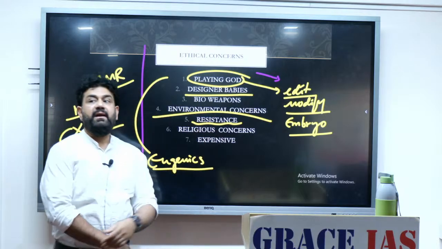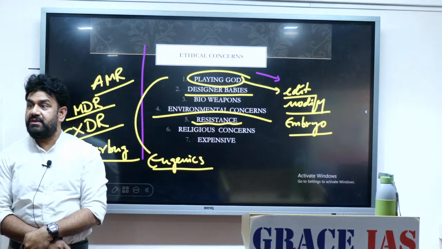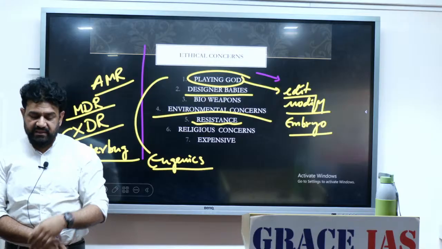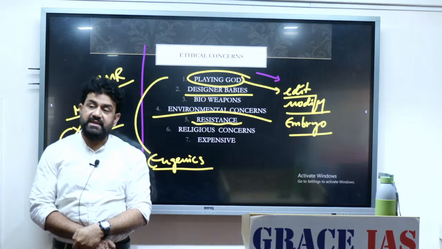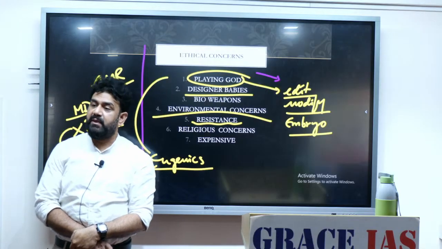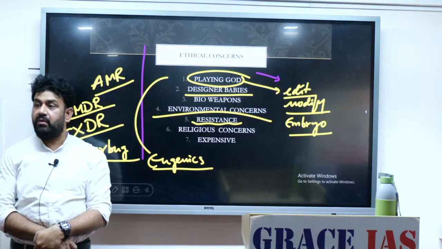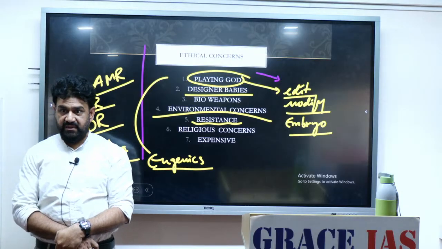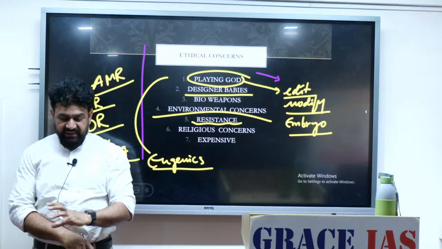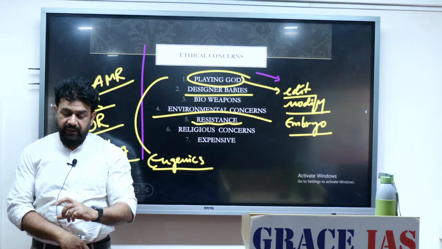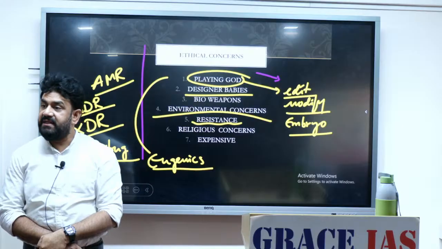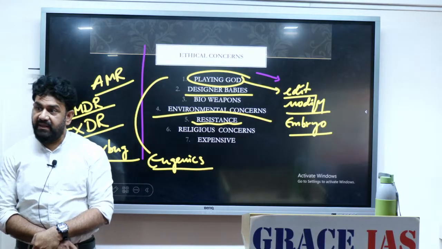Resistance. And religious concerns. You know, religion is a very old social institution which brings many people together on certain grounds. Yes, and rules, traditions, customs, beliefs. If anything is new, if anything is not in consonance with religious scriptures, that may be criticized by the religion.